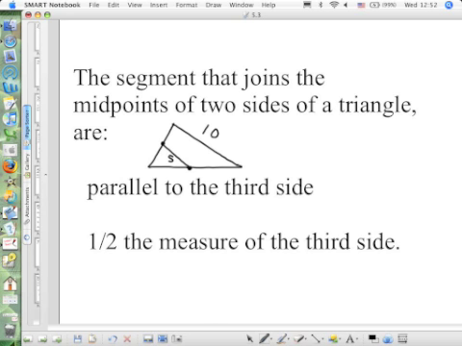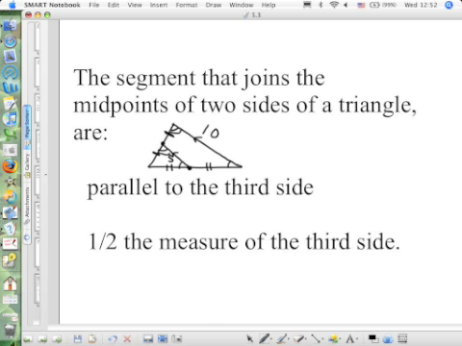Which means this and this is equal. Which means this and this is equal. And it also means that these are parallel. Which means corresponding angles are equal. There, and there. Look at all the information we just got from that right there.